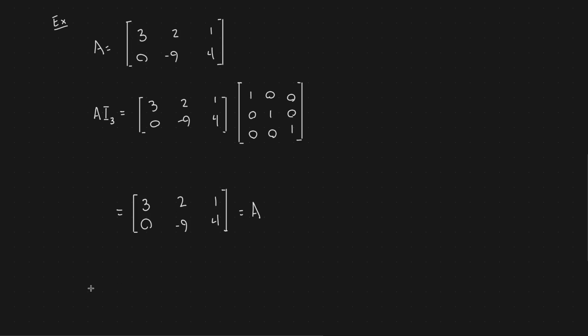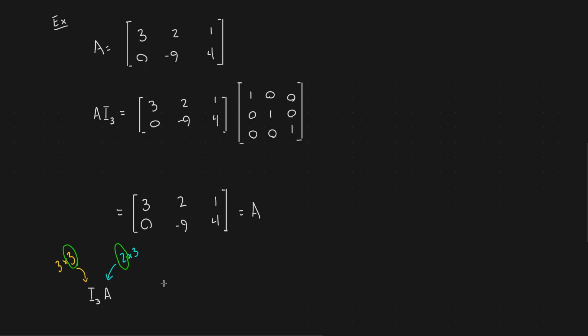Now, what if I go the other direction? Well, notice if I do this, the matrix multiplication is undefined, right? Because the identity matrix I sub 3 is a 3 by 3 matrix, 3 rows, 3 columns. But A is a 2 by 3 matrix. In order for the matrix multiplication to be defined, I need the matrix on the left side to have the same number of columns as the number of rows on the matrix on the right side. Okay?